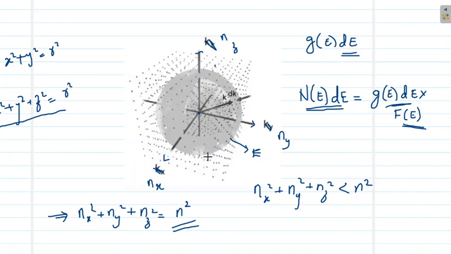Those points at the surface of this sphere will have Nx square plus Ny square plus Nz square equal to N square, because we draw that sphere like that. And if we calculate the energy of the points on the surface of this sphere, the energy will be E equal to h square by 8ma square into N square.